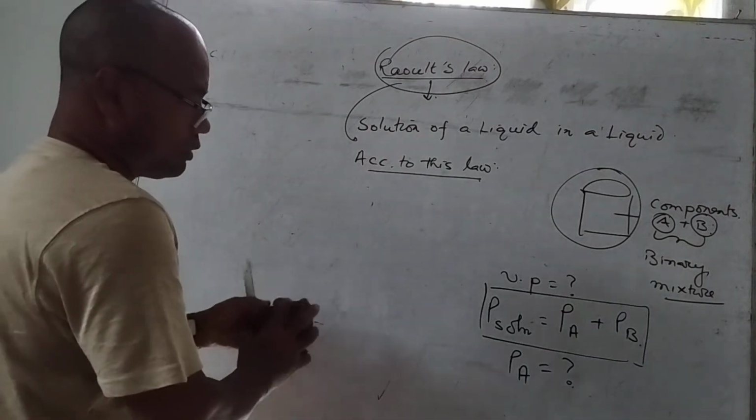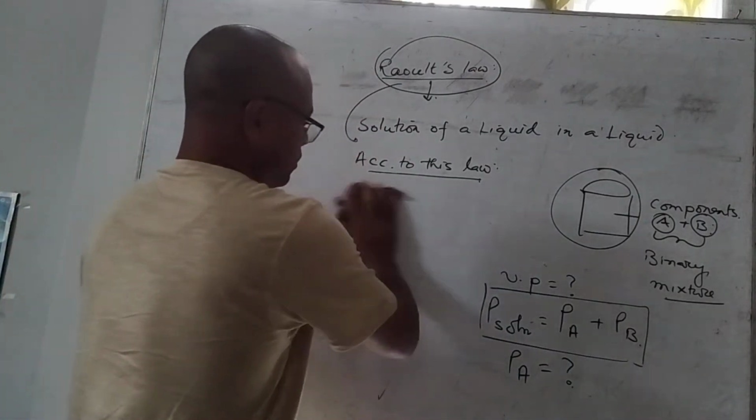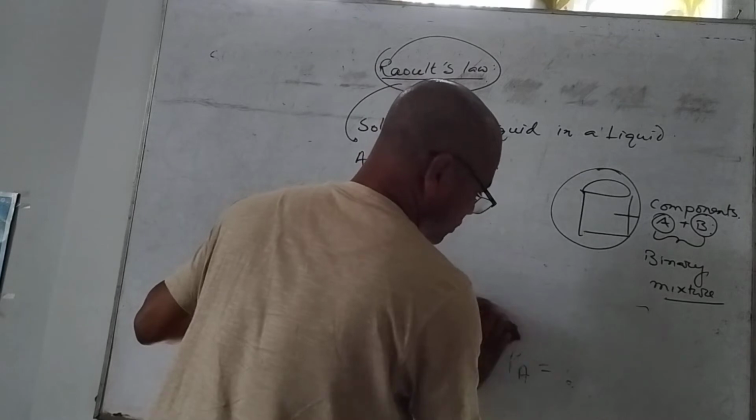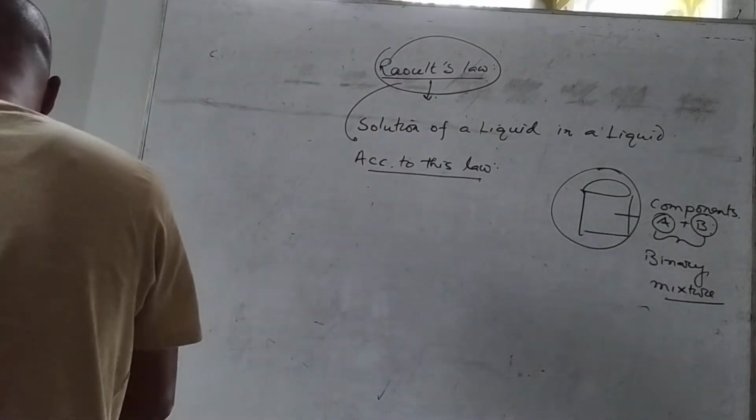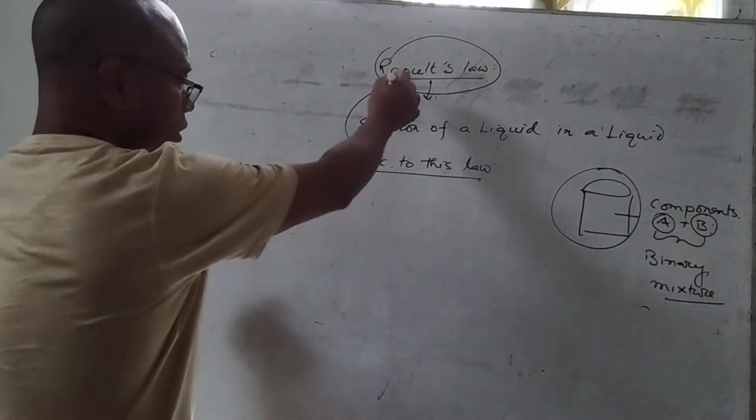Now, the vapor pressure of component A present in our solution we can calculate according to this law.